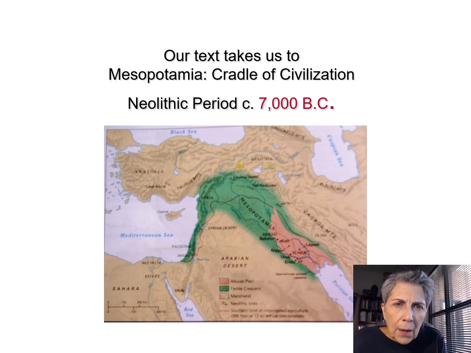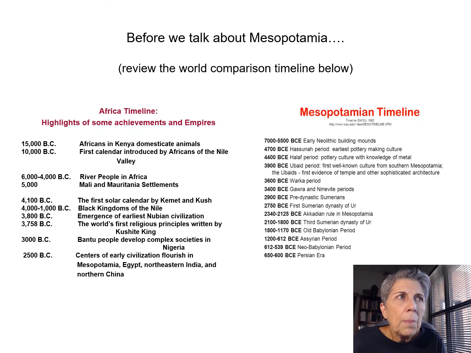But before we go there, I want to go back to Africa, the continent of Africa. Because on the right side of this table, you see the Mesopotamian timeline. We're going to start with the Sumerians, and they're around 3000 BC, 2750, 2000, 750.